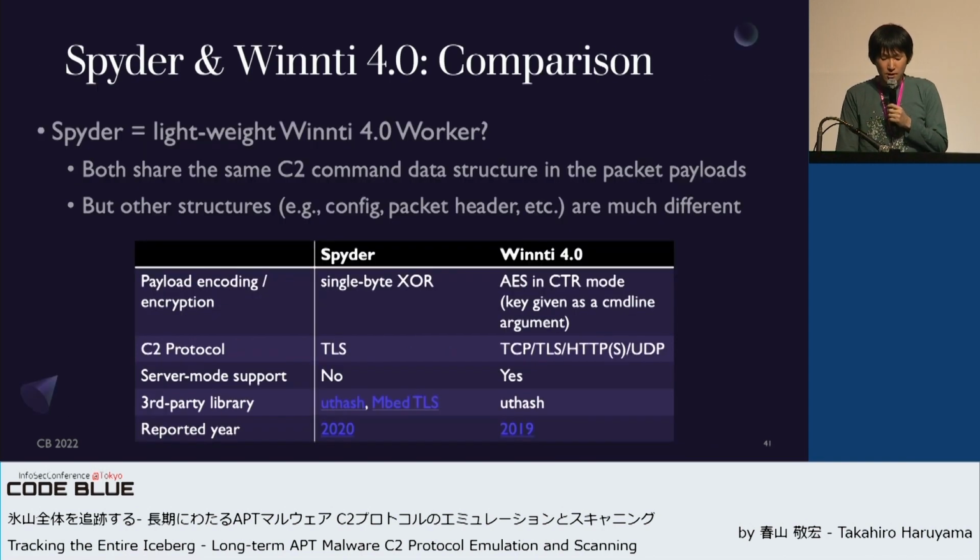This table shows the comparison between Spider and WinNTI version 4 worker. The WinNTI worker supports multiple C2 protocols and server mode. It also makes the payload acquisition harder than Spider. So I guess Spider is the lightweight version of WinNTI worker component.